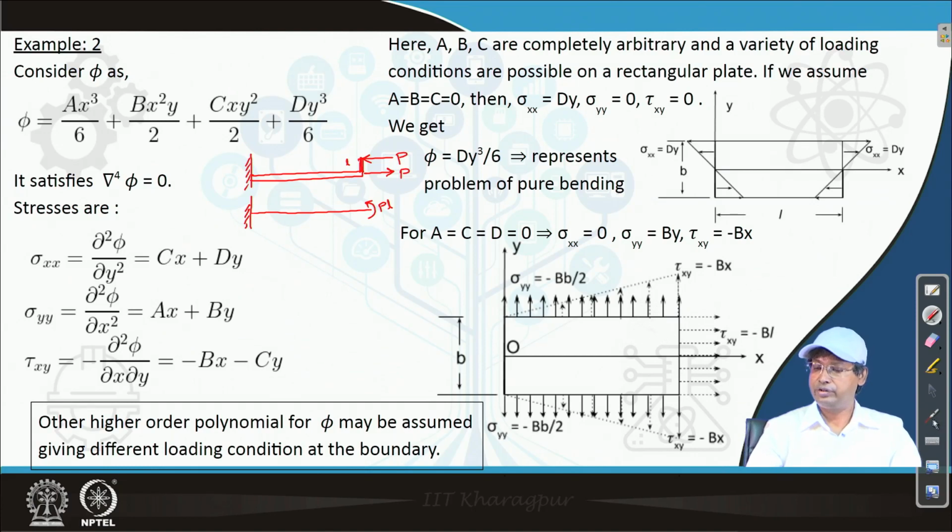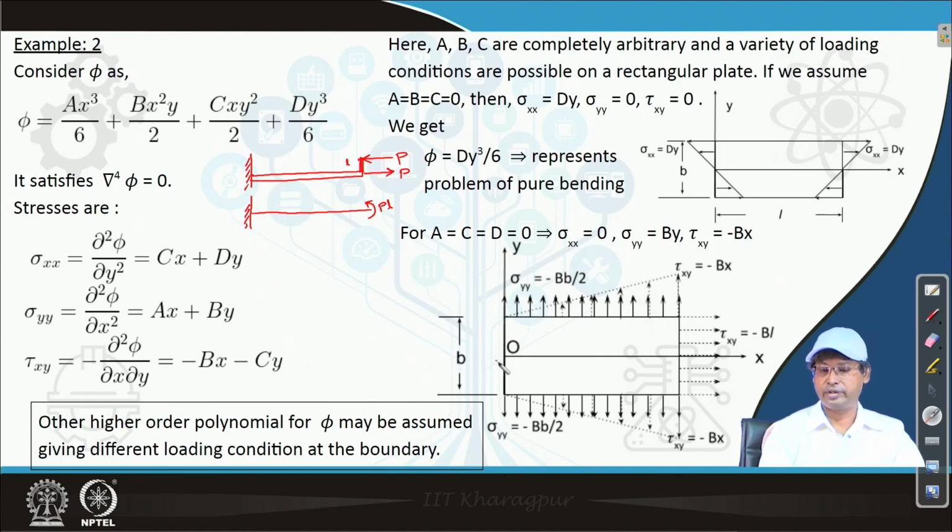While we assume that a, c, d are equal to 0, what do we have? We have sigma x equal to 0, sigma y equal to B y, and tau x y equal to minus B y, and that particular stress condition is shown here.